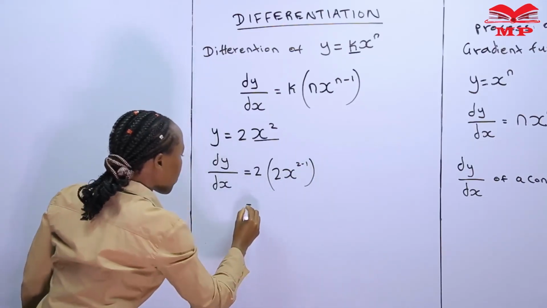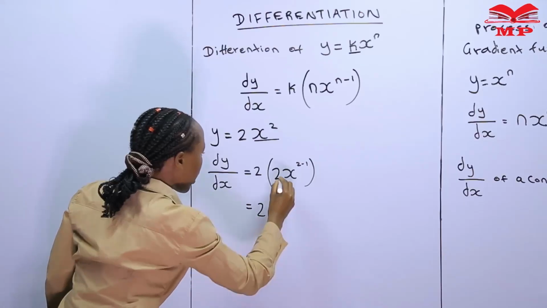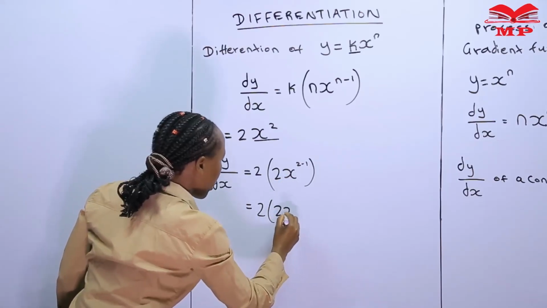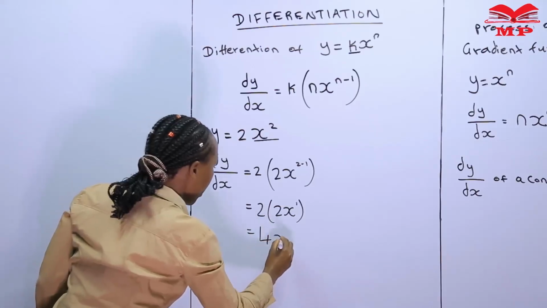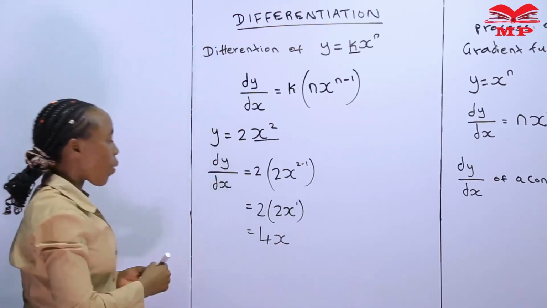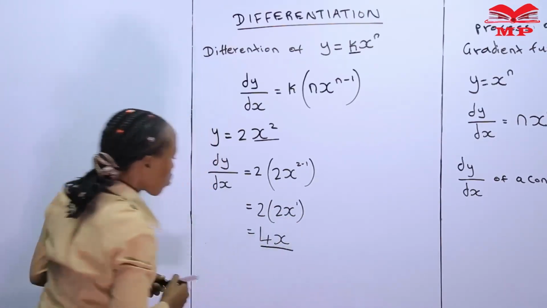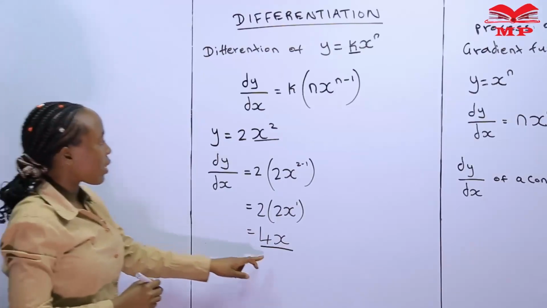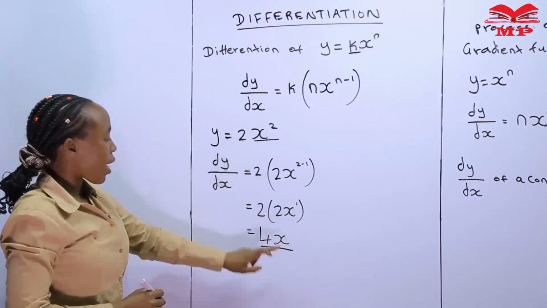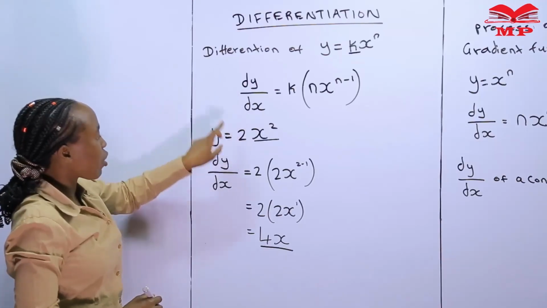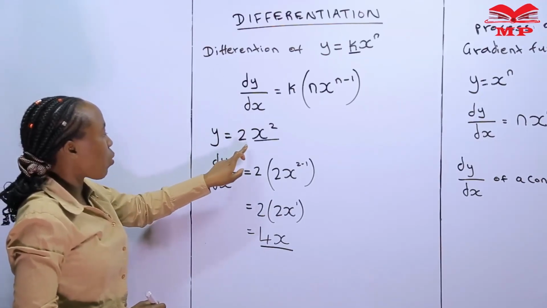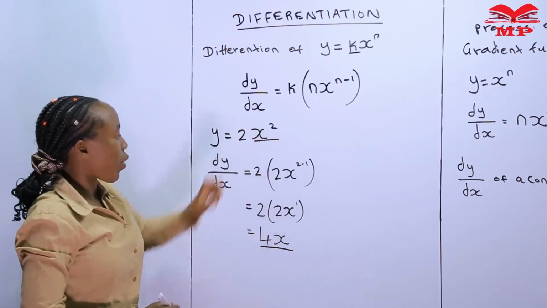So we are going to have 2 into bracket 2x raised to power 1, and therefore we have 4x, because x raised to power 1 is the same as x. So we have our derivative as 4x. That is the derivative or the gradient function of the equation y is equal to 2x squared.